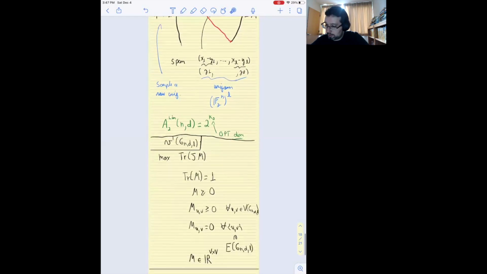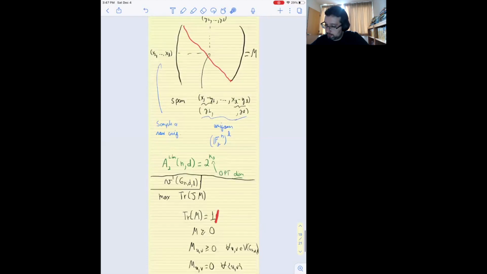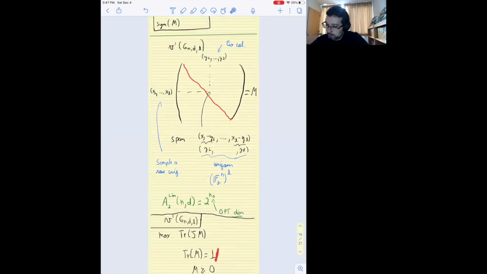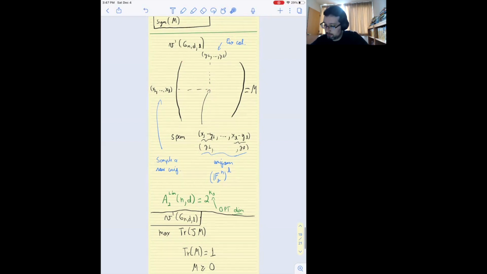That's very helpful because we have this condition enforcing the trace to be 1. If all the diagonal entries are the same, it implies that all the diagonal entries are 1 over the number of vertices, and the number of vertices in this case is 2 to the nL.